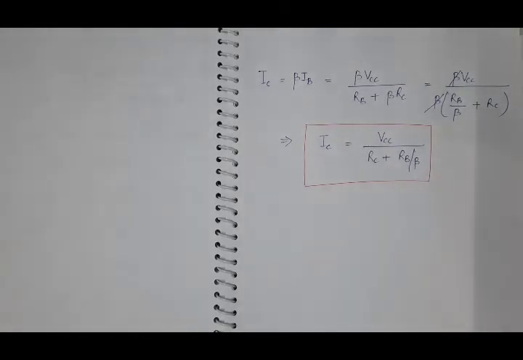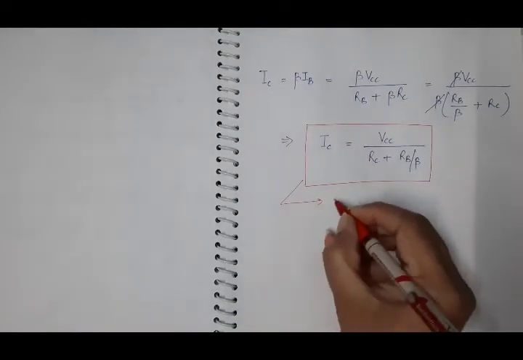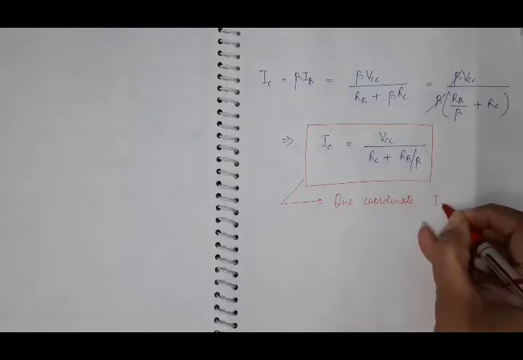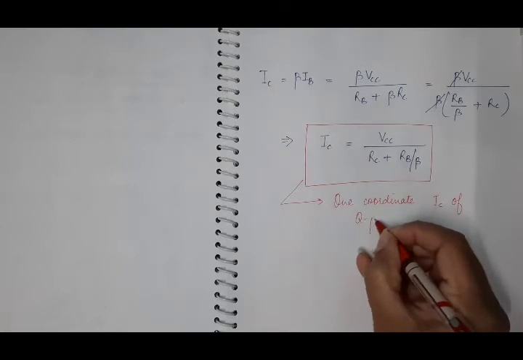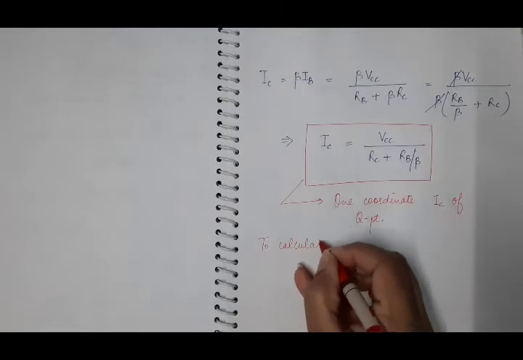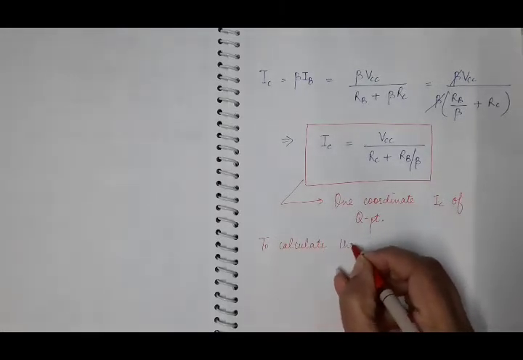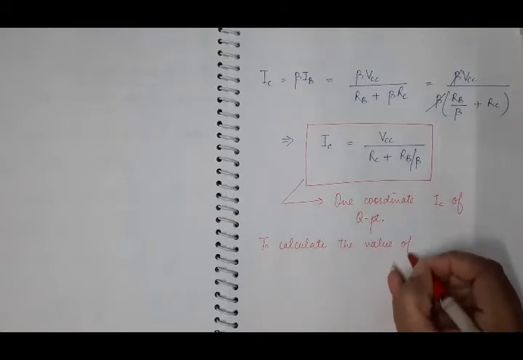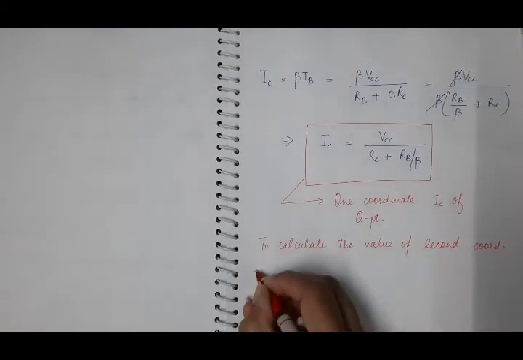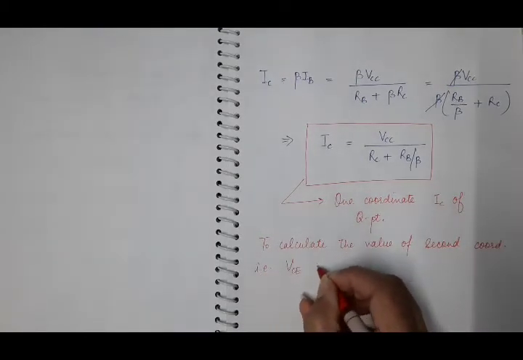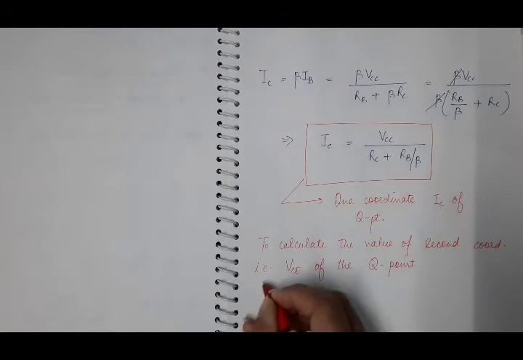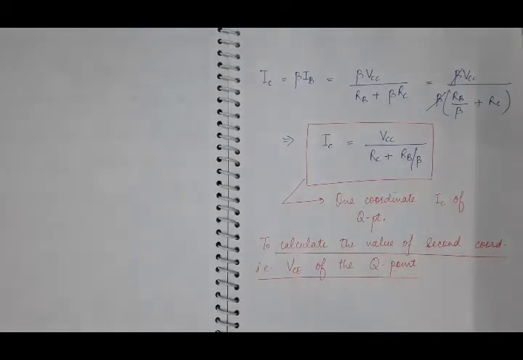Now we will calculate the value of VCE. This is one coordinate of the operating point, IC of the Q point. To calculate the second coordinate, that is VCE of the operating point or of the Q point, what we will do?